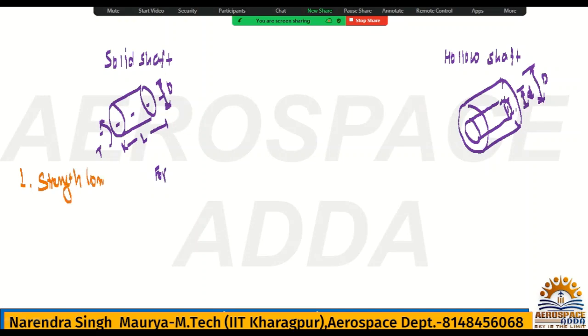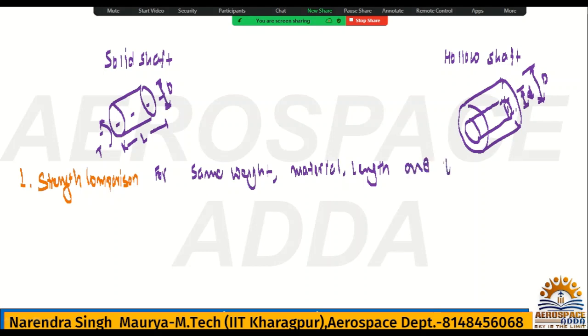This will be for the same weight, meaning both solid and hollow shafts have the same weight, same material, same length, and for both tau max is the same.